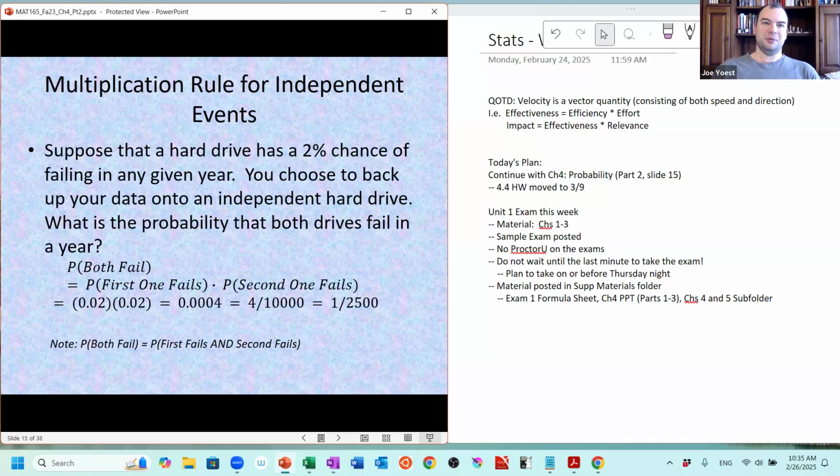She would actually keep her backup hard drive in the trunk of her car, with the idea that that makes things about as independent as you can reasonably make them without going to some crazy level. I guess you could put it in a safe deposit box at the bank, but then access is really difficult, right? If you actually need to get to it, or if you do that, you're going to be unlikely to actually back up your data as often.